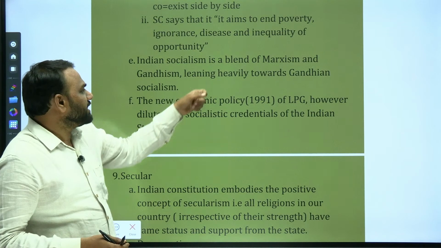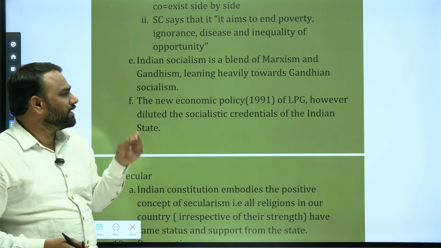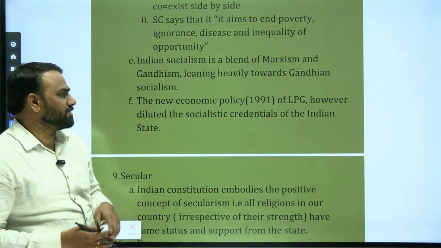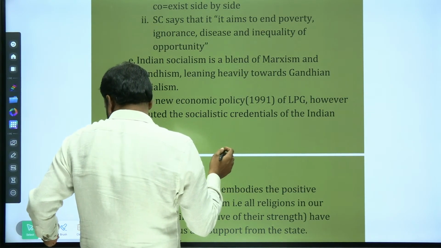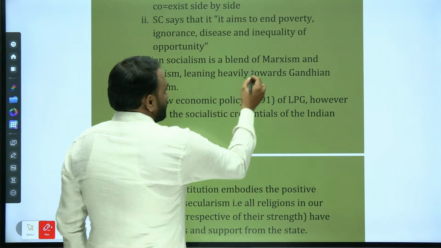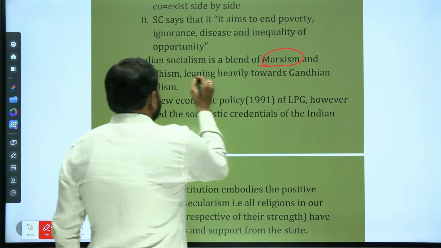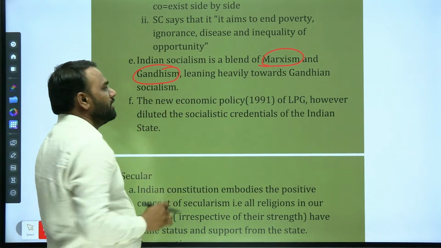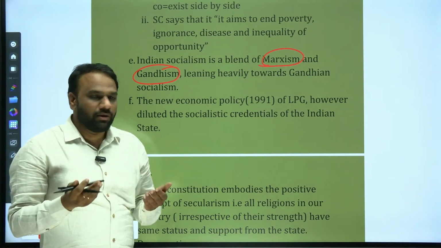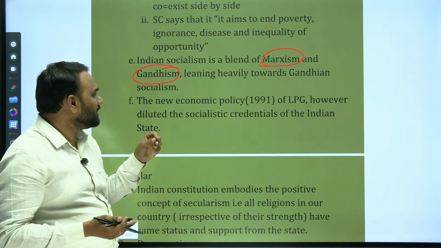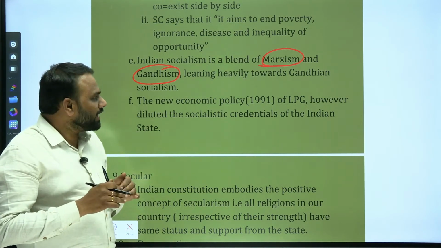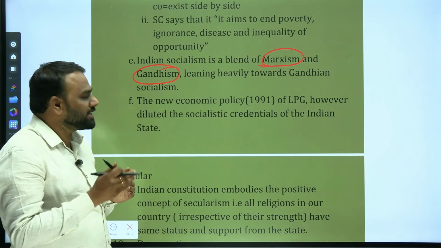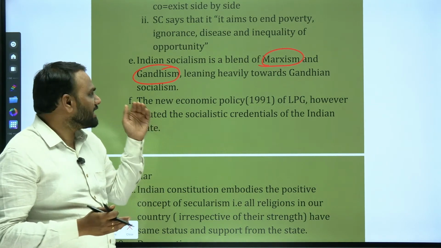Indian socialism is a blend of Marxism and Gandhism, leaning heavily towards Gandhian socialism. Marx also supports socialism, and Gandhi also supports socialism, but their views on socialism are different. So what kind of system has India adopted? It's a blend of both Marxism as well as Gandhism.